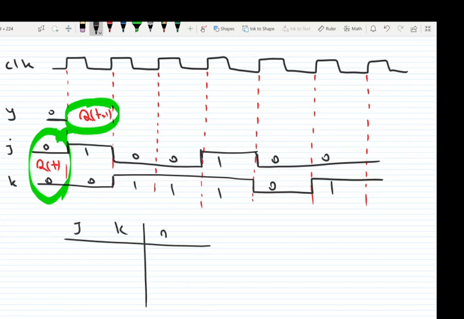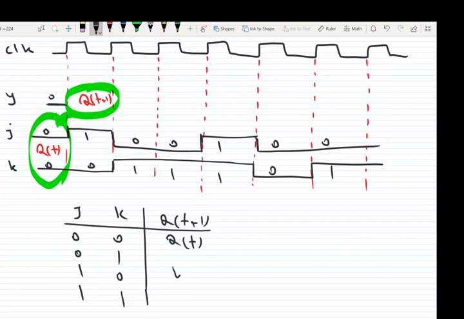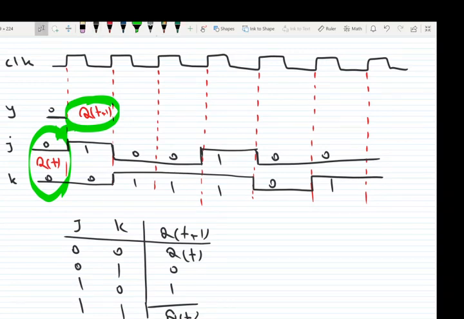We have J and K and Q of t plus 1. We know that if J and K are 0, 0, Q of t plus 1 is Q of t. If the inputs are J 0, K 1, the output is 0. If J is 1, K is 0, the output is 1. And if both inputs are 1, the output will be complemented. So let's complete this timing table using this characteristic table.